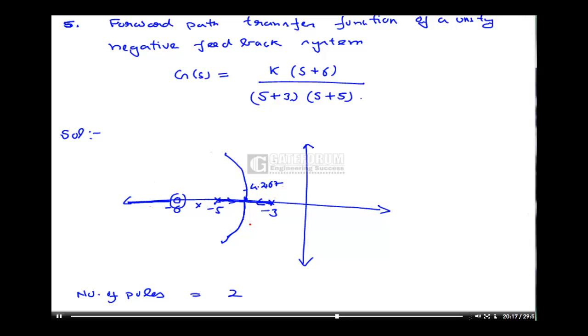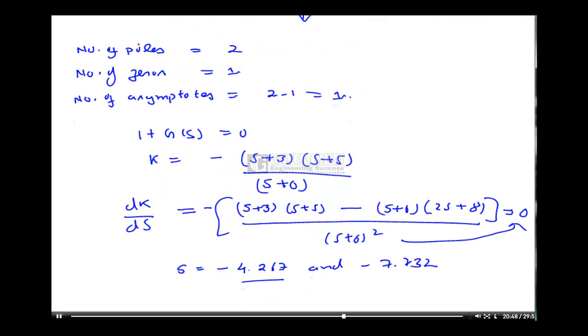Another point is minus 7.732. Minus 7.732 will definitely lie again here. Okay, so at this point these poles will come. After coming at this point, one pole will go here, another pole will terminate at the zero. So this is the breakaway and break-in point, and this is the root locus diagram for the given question. We have to solve this quadratic equation to get the value of s.